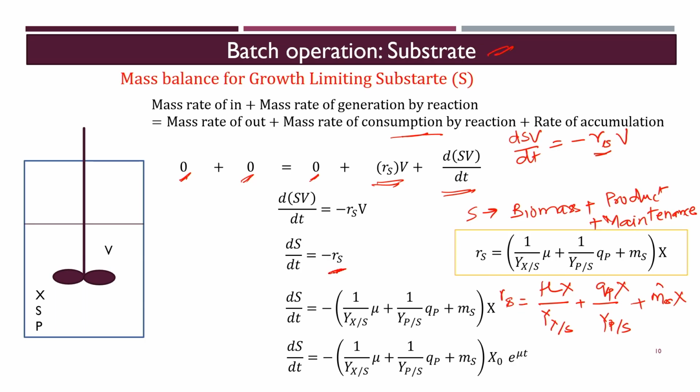If you put the value of RS over here, with x factored out, it becomes dS upon dt equals minus 1 upon Yx/s mu minus Qp upon Yp/s plus ms, times x. And what is x? We derived it in the last slide: x is x naught e to the power mu into t.